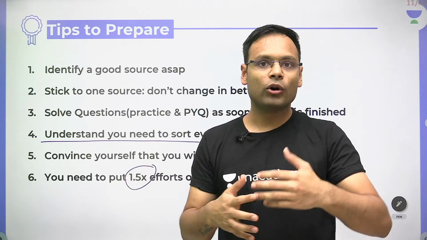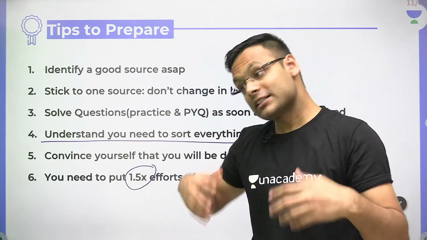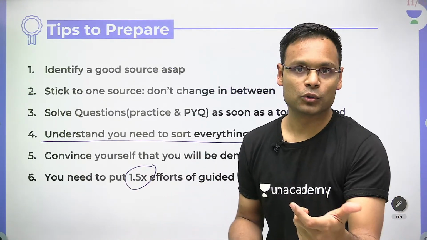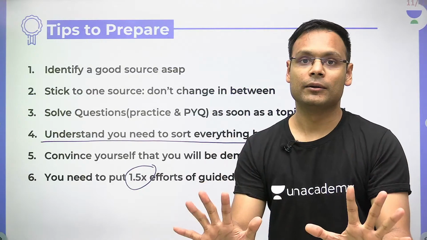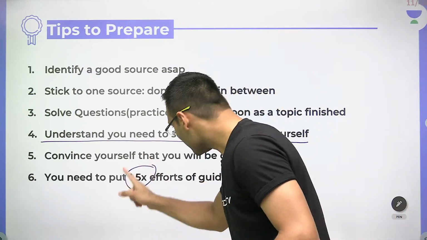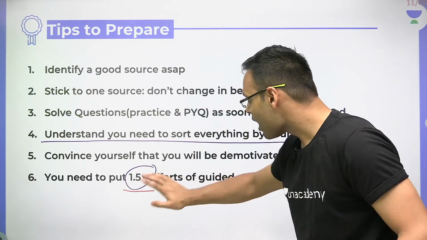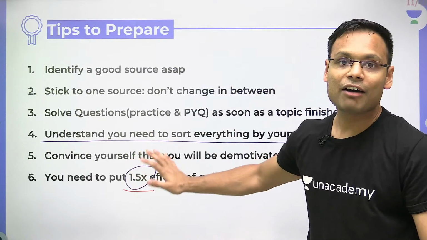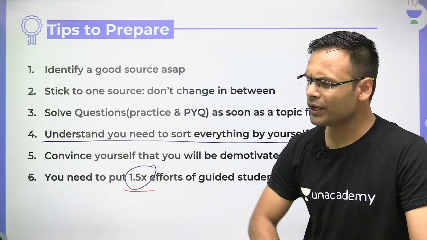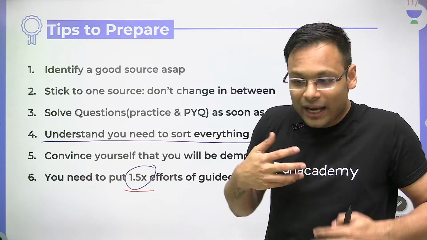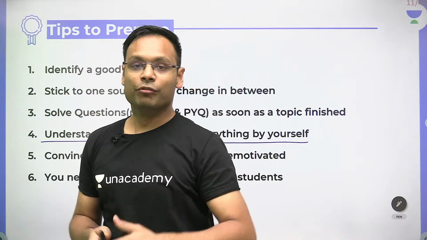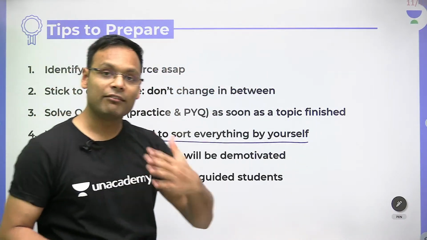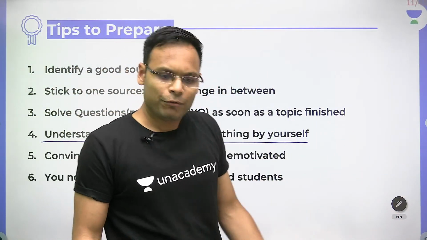And because of that, they don't have to put extra time for the same amount of preparation which you will have to do. So convince your mind that if I have to put in 1.5 times, half as much extra as the guided student, it's fine. We have taken the decision to go with self-preparation.